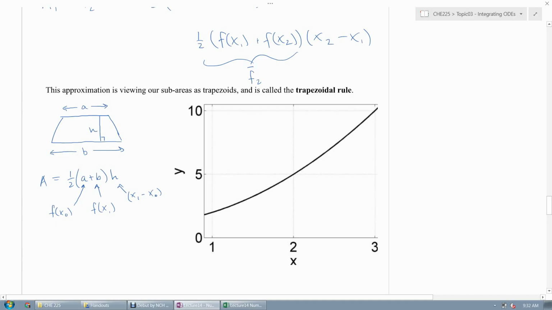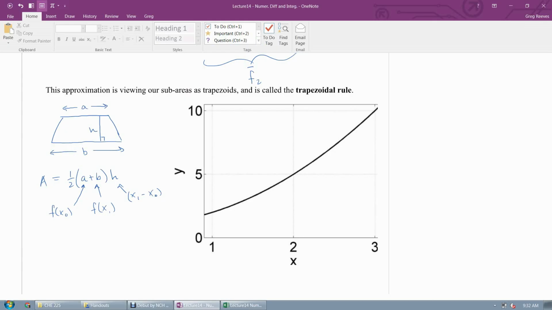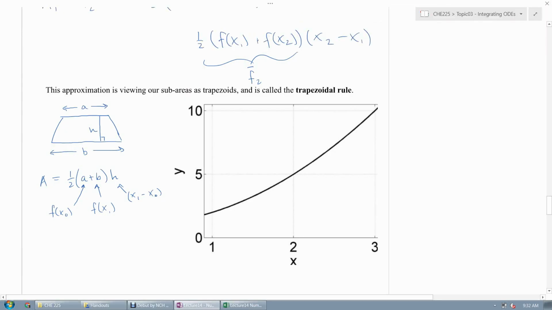That's because the trapezoids in this case are turned on their side, and they aren't trapezoids as you're used to seeing them. They're what are known as right trapezoids. So they have a rectangular looking bottom, but their top has a slope. So the height is the difference in the two x points, or our delta x, and A and B are our two function evaluations at the two ends of the interval.